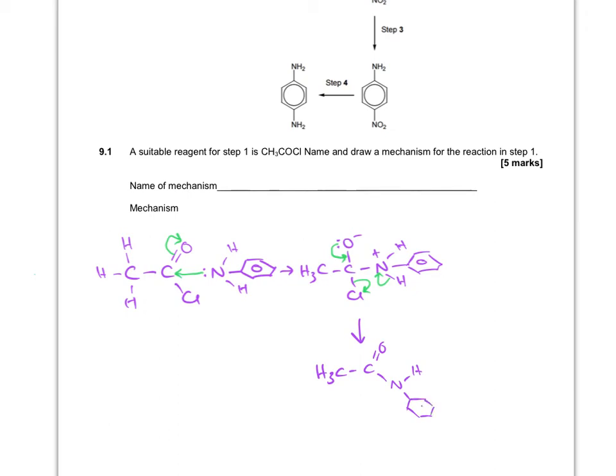And then we've got the same structure as in the question. So we've added something and then taken something away. So it's addition elimination. We tend to call it nucleophilic addition elimination, but the nucleophilic bit isn't essential for the mark scheme.